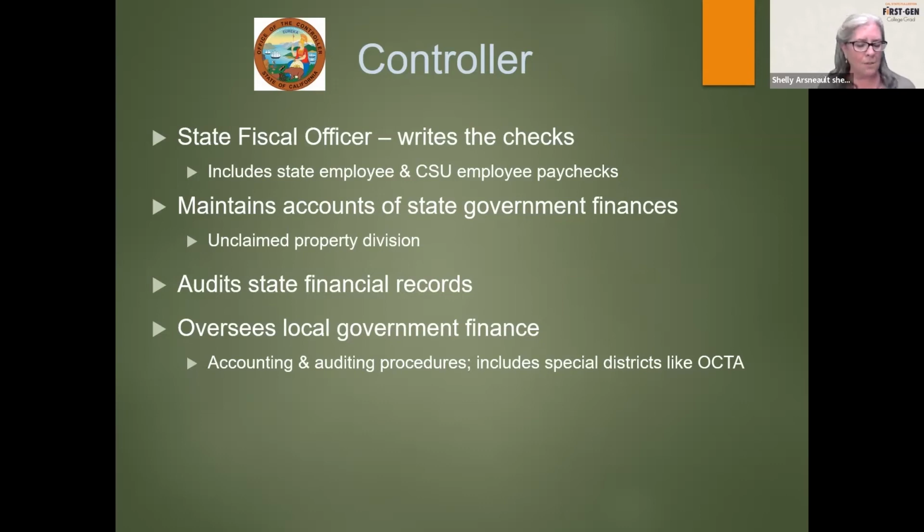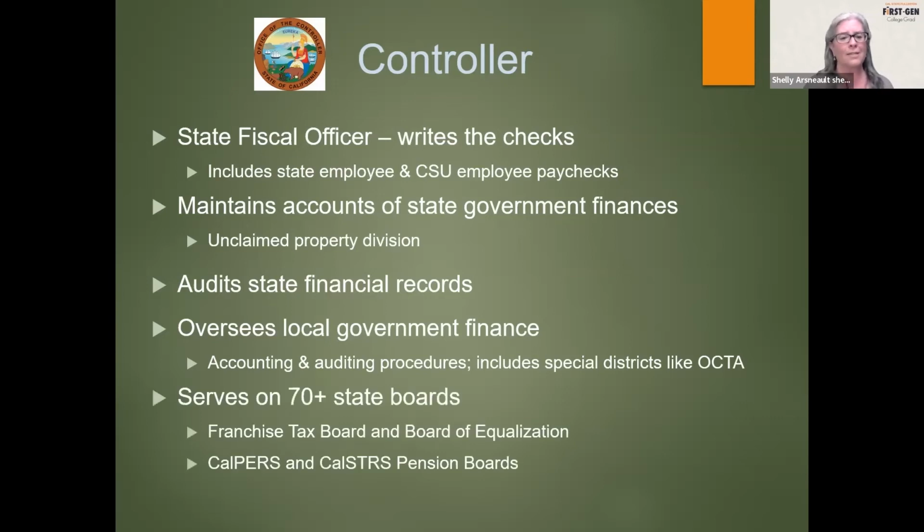We don't have time to talk about special districts or what they are if you are not familiar. The example I have here is the Orange County Transportation Authority. Basically, if it ends in district or ends in authority, it is a special district, and it has its own financing and its own boards and its own rules and regulations. And again, the controller's office is the one that oversees finances for those.